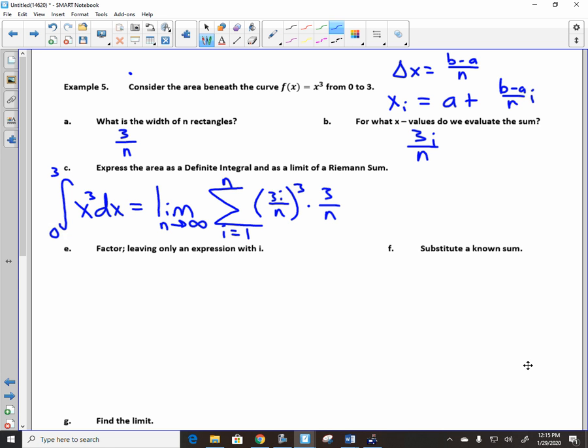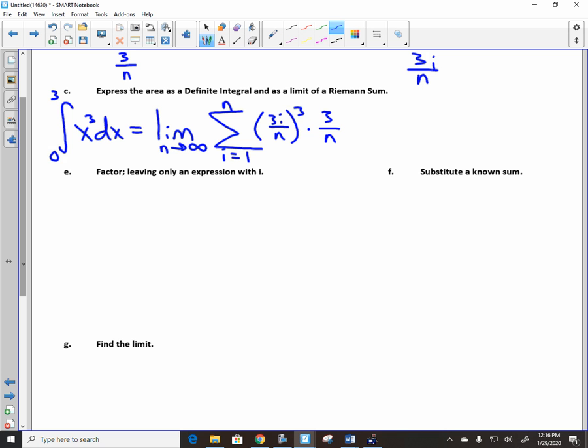So again, let's just remember that what we've been doing is taking the width times the sum of the heights, right? This is the width. This is the sum of the heights. That's what we're doing. So, no big deal.